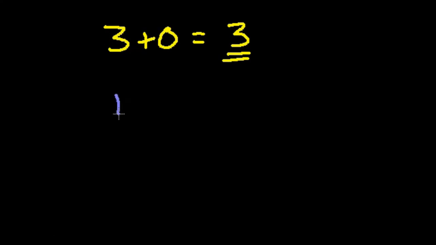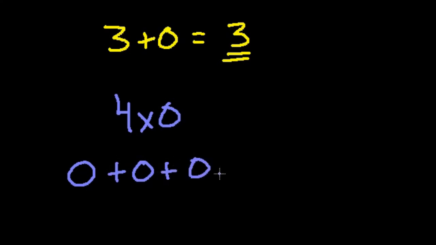So what is 4 times 0? Well, this is saying to us 0, 4 times. 0 plus 0 plus 0 plus 0 equals 0. Because nothing plus nothing plus nothing equals nothing.